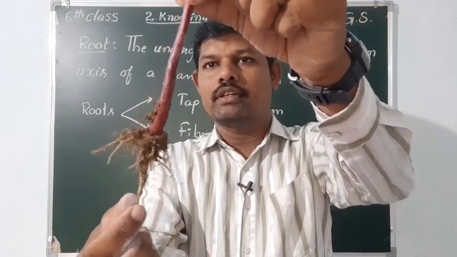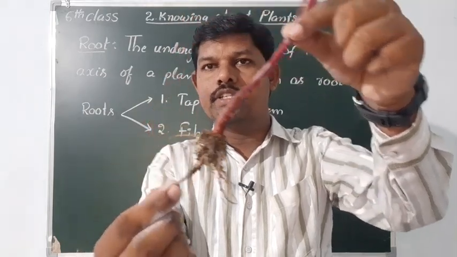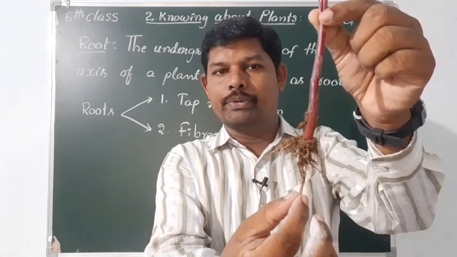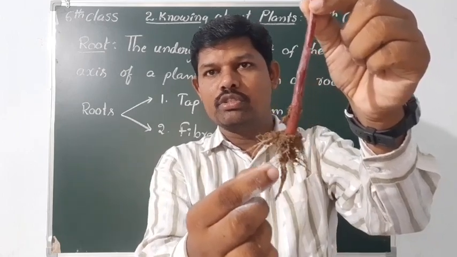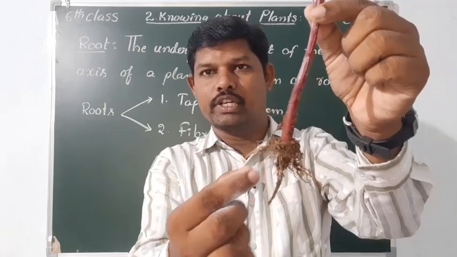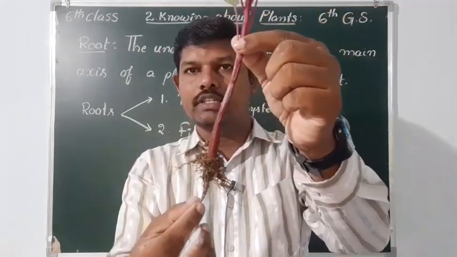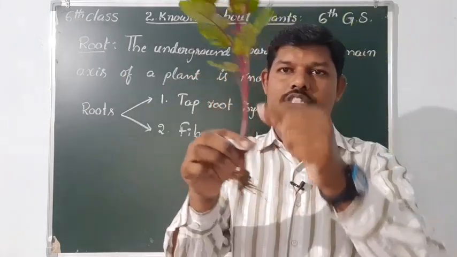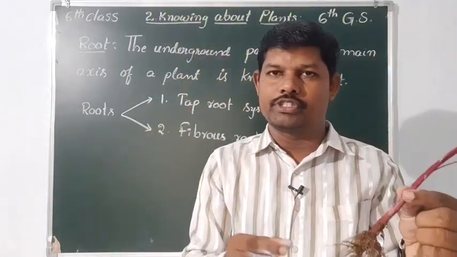This is called the main root, and this main root is called the tap root. The remaining roots are small branches, which we call lateral roots. This is the main root and these are the lateral roots. This root system is called the tap root system.